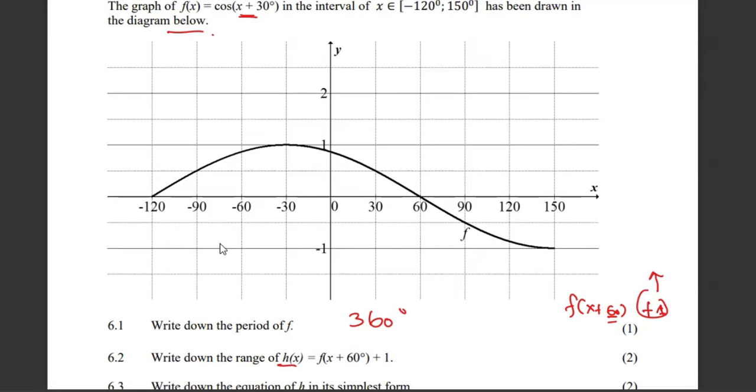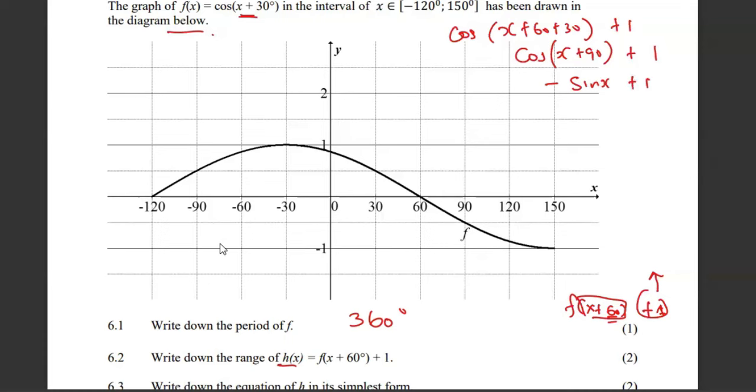What does that mean? We're going to have a cos where there is x, I'll replace it with x plus 60. So it's x plus 60 plus 30 and then plus 1, which becomes cos of x plus 90 and then plus 1. So this cos of x plus 90 gives us a negative sine x plus 1.